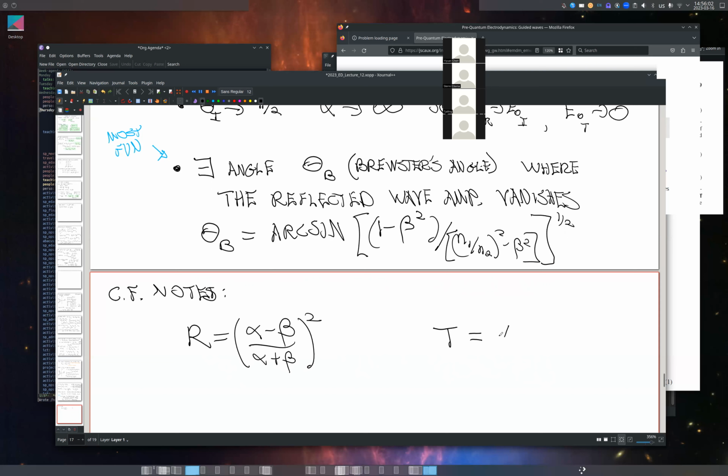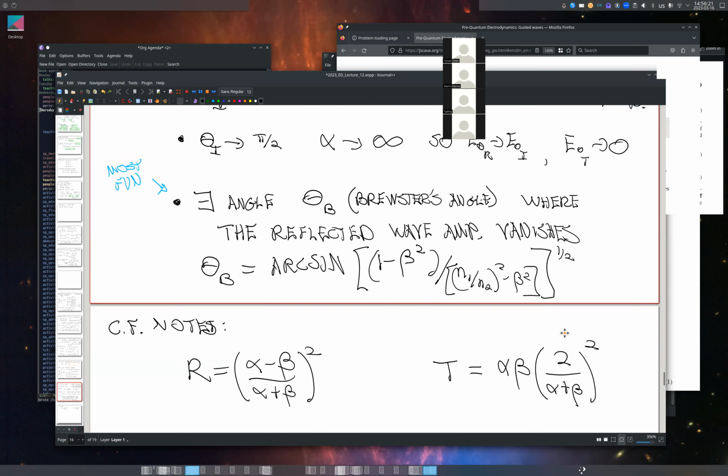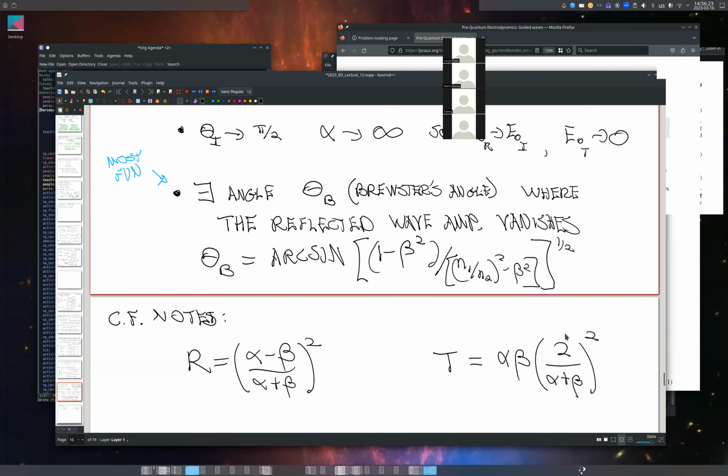T is equal to alpha beta times (2 over alpha plus beta) squared. Okay, so these are reflection and transmission coefficients. They add up to 1 as expected, because these are really related to energy flow at the boundary. And this is essentially all that there is to say about that. Okay, so that's one calculation.